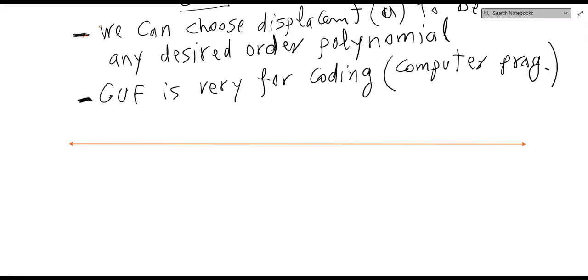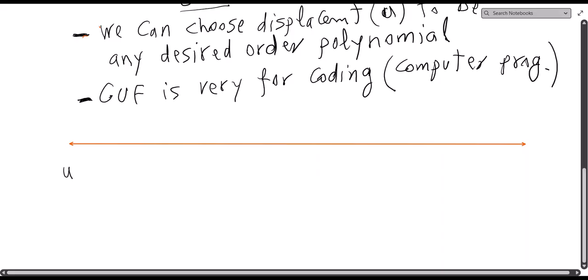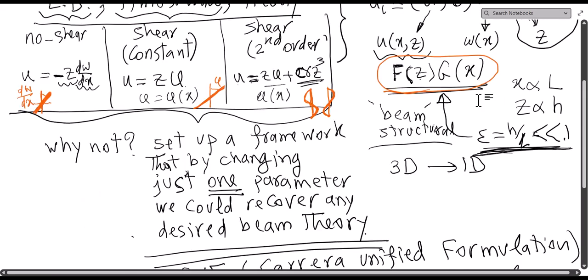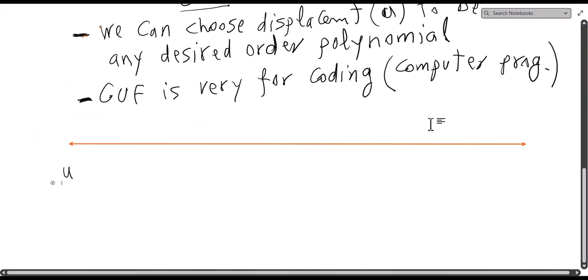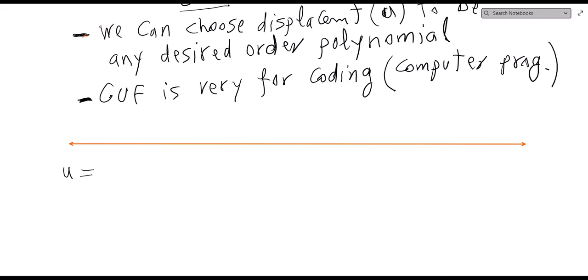Okay, if I come and write my u, which is the x component of my displacement field, w, we know what's happening in w, which is the deflection. And if I come and write my u as a polynomial, as the summation, I can use the Einstein summation convention, but let's be more clear.